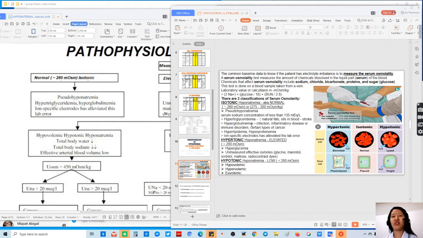Hyperglobulinemia, so these are the IgM, IgA, and so on, due to infection, inflammatory disease, or immune disorders, certain types of cancer. Then hyperlipidemia, fats, lipids. And then hyperproteinemia, proteins. Ion-specific electrodes have alleviated the laboratory error.